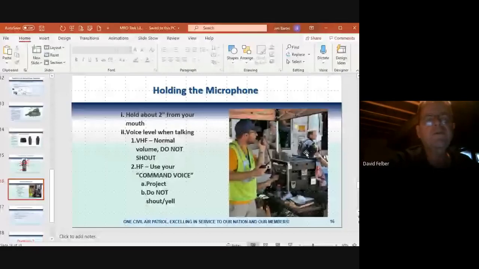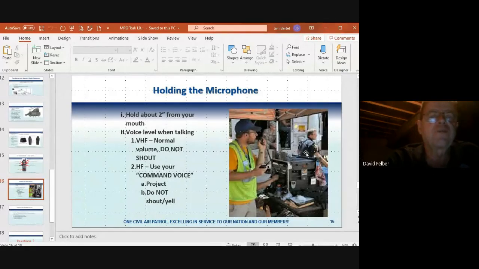Okay, hold the microphone about 2 inches from your mouth. Talk at a normal voice level. Don't shout. On HF, use a command voice, project. Again, do not shout or yell. On HF, your power output will change depending on your voice level. So that's why it says use a command voice.